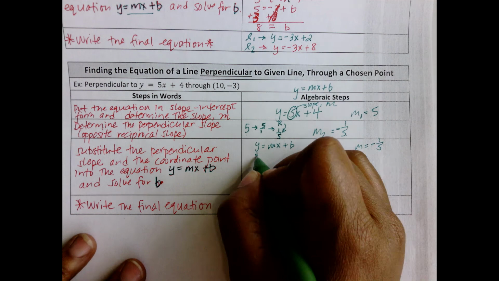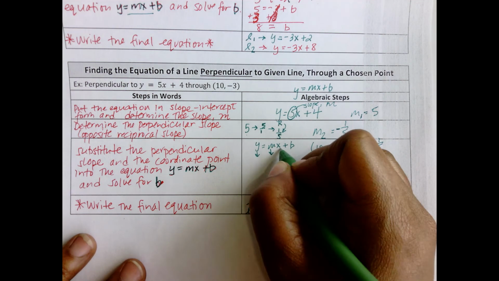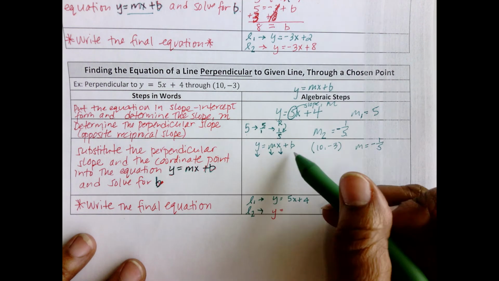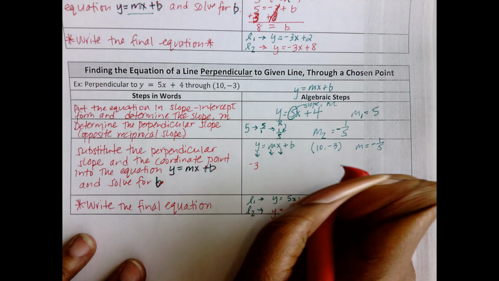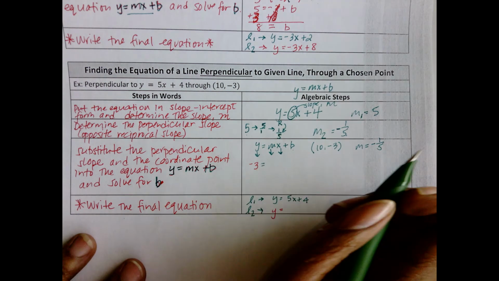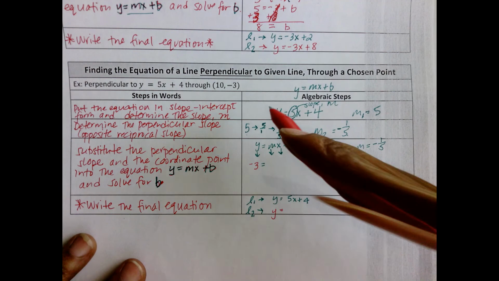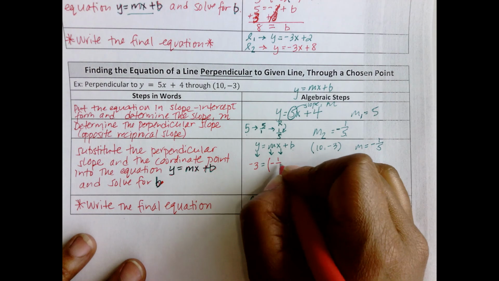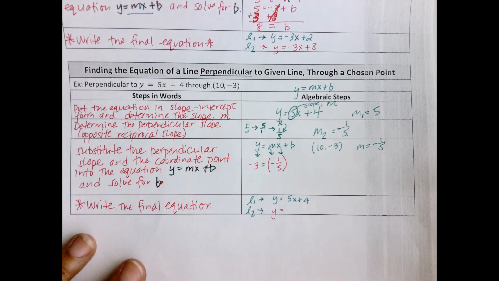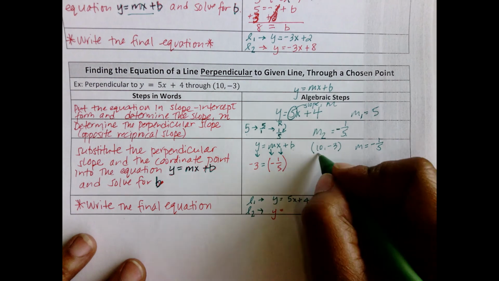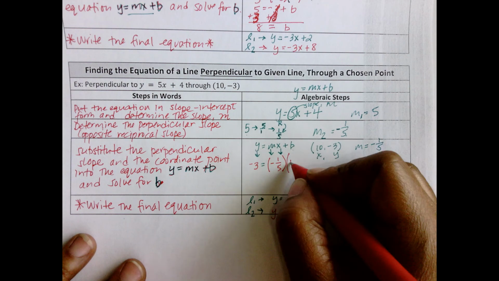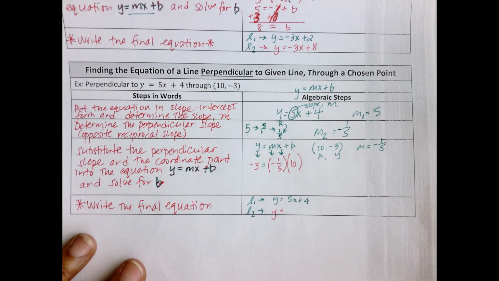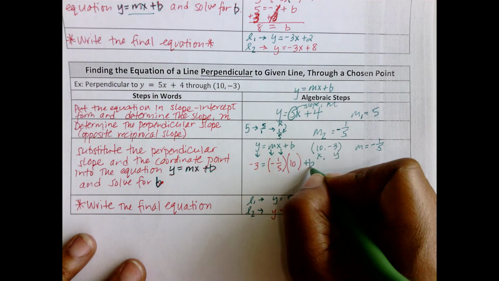We're going to plug in all of these values. The only thing we're going to be finding here is b. Y is negative 3, m, or the slope, is negative 1 over 5, times x, which is 10, plus b.